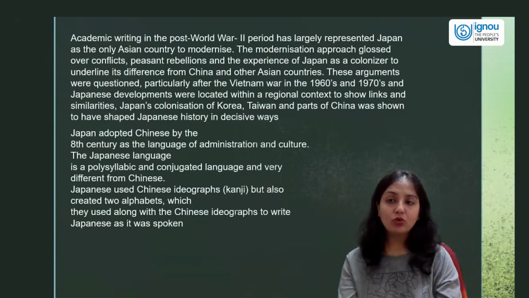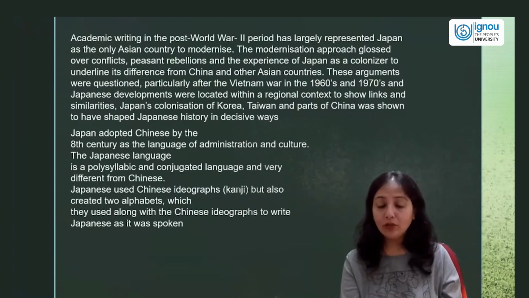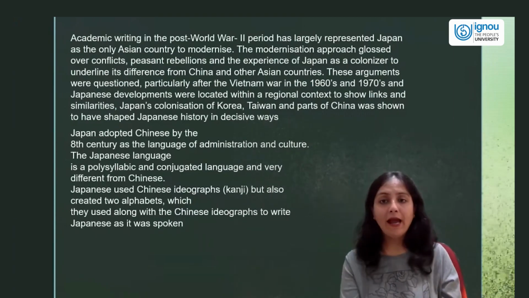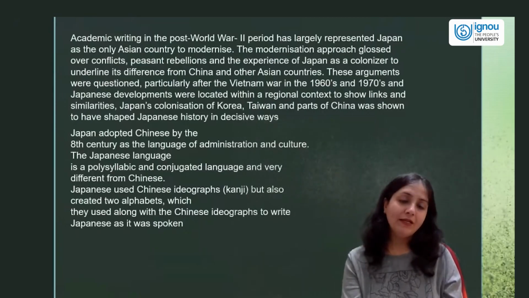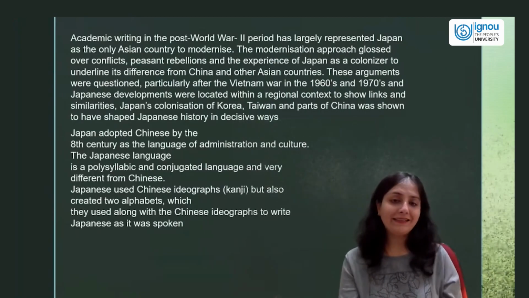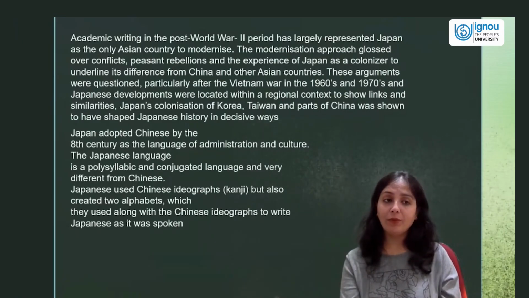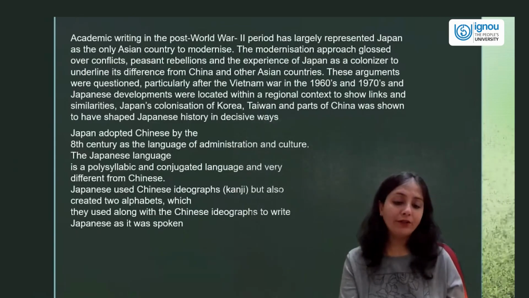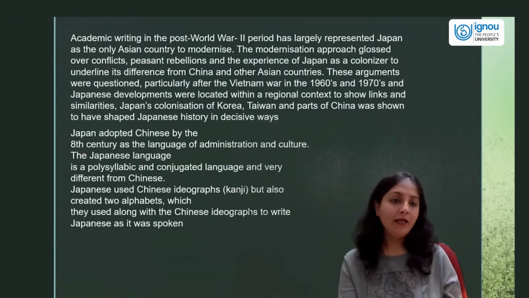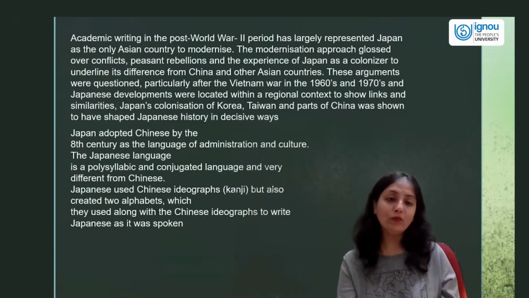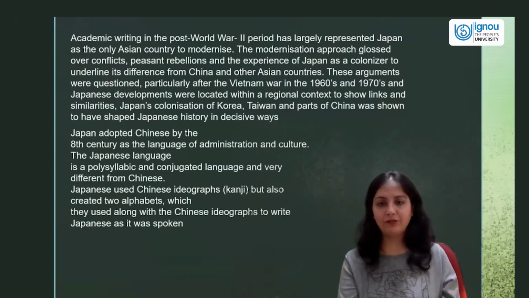Japan's colonization of Korea, Taiwan and parts of China was shown to have shaped Japanese history in decisive ways. How many decisive ways are we talking about? Japan adopted Chinese by the 8th century as the language of administration and culture.